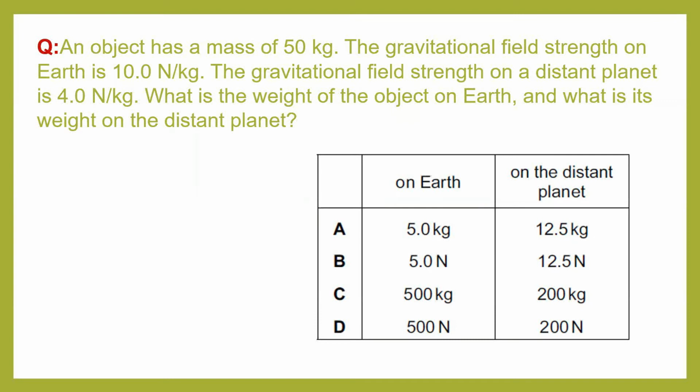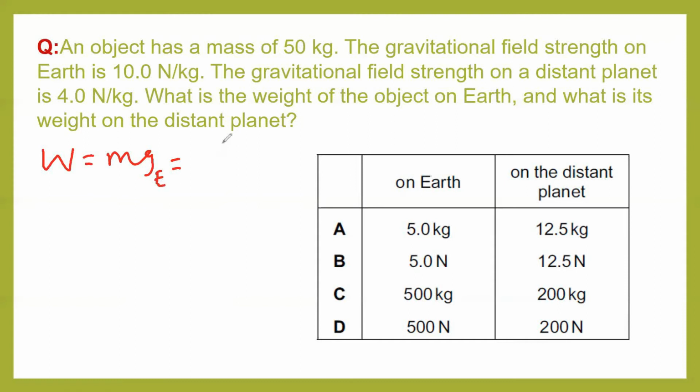Now we can practice one more question over here. Before solving this question, I'm going to write the data given in the question. To calculate the weight, we have a formula W = mg. So in case of Earth, I'm going to put the value of g for the Earth here.